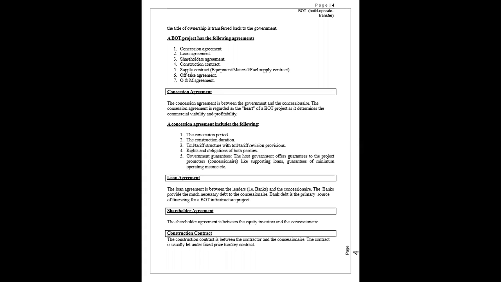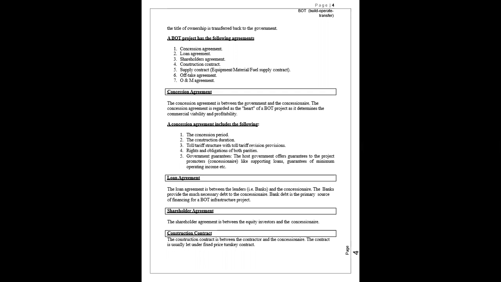Then the loan agreement. Second point is loan agreement. What do you mean by loan agreement? Loan agreement is between the lenders, that is the bank, and the concessionaire company. The banks provide the much necessary debt to the concessionaire. Bank debt is the primary source of financing for a BOT infrastructure project.